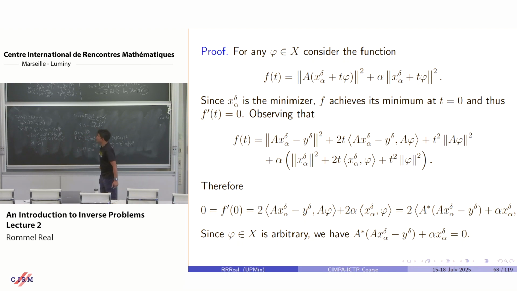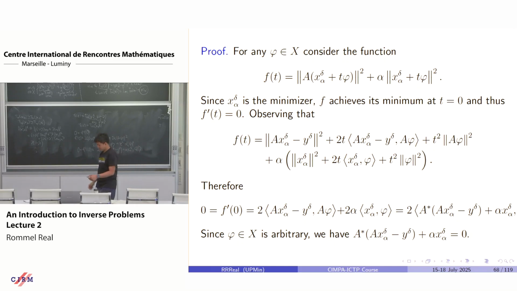We can actually write that as 2 times A star (A x sub alpha delta minus y delta) plus alpha x sub alpha delta, inner product with respect to phi.